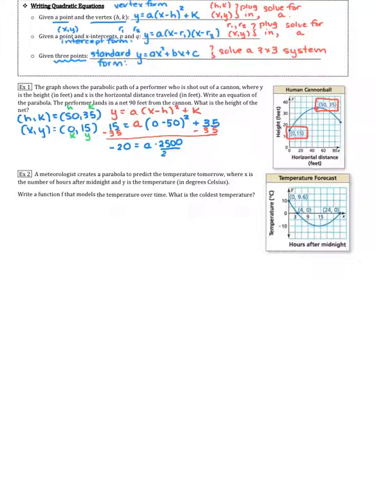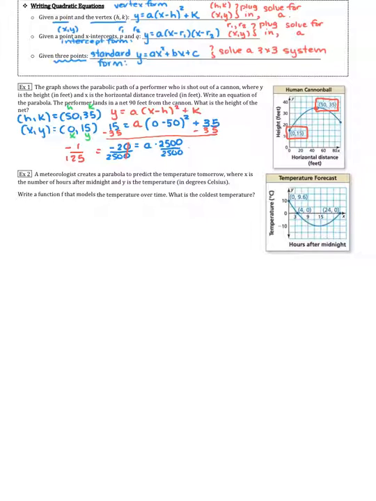And then we divide both sides by 2,500. And we could simplify this, which is not a bad idea. The zeros can cross out, and this also reduces negative 2 over 250 to negative 1 over 125. And from there, we have our a.